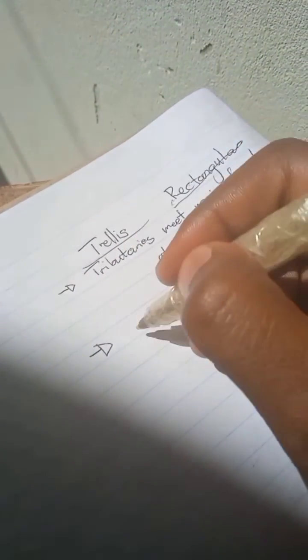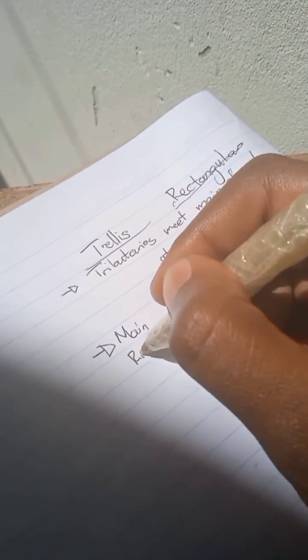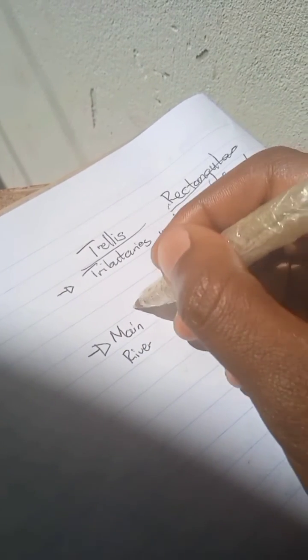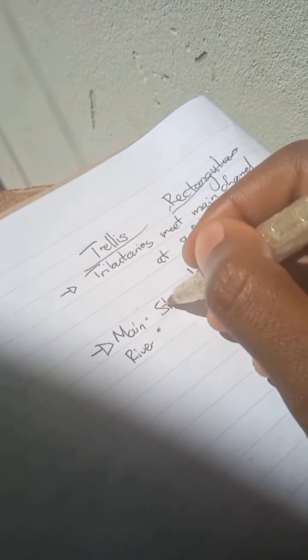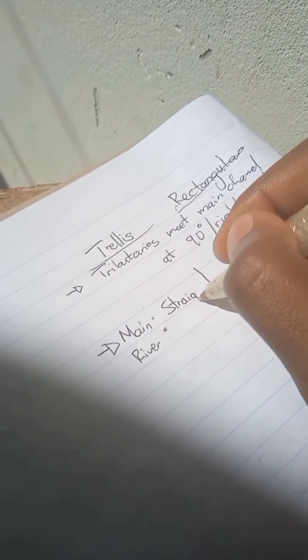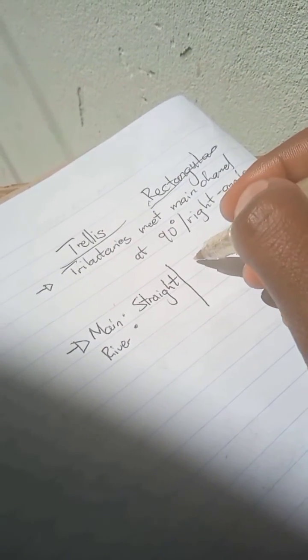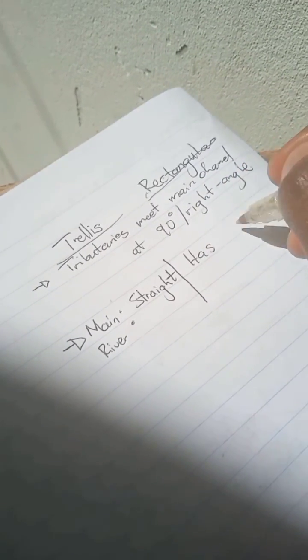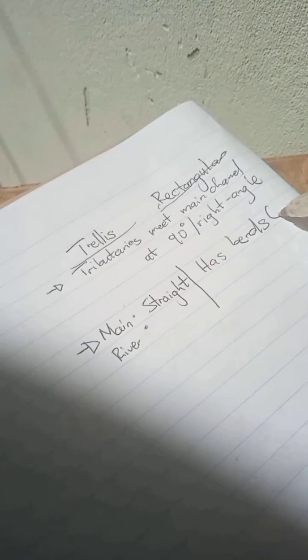Now what makes them different from each other? It's basically the main channel, the main river. For the trellis, the main river is straight, and then for the rectangular, the main river has bends, or it meanders, and these bends are 90 degrees, by the way.